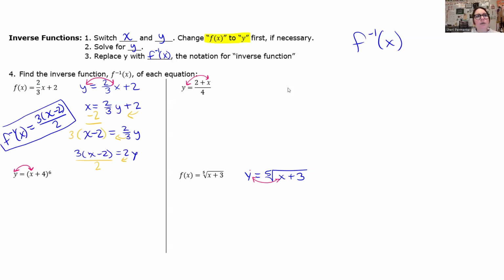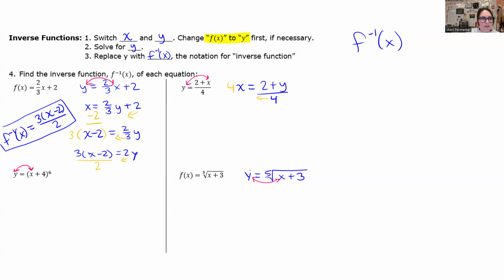So the next one is already written as y equals. I'm going to rewrite it switching x and y. So I will get x equals (2 plus y) divided by 4. Now I'm going to do all of the inverses. I'm dividing by 4, so I'm going to multiply by 4.